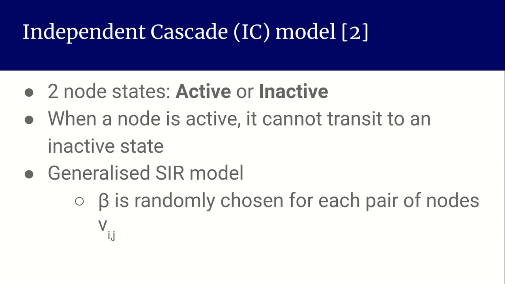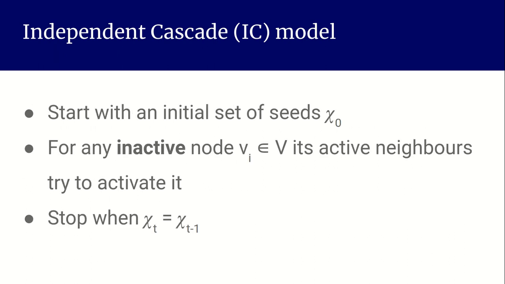Now, v sub i, j represents an edge in the graph going from node i to node j. And as I said, this is a generalized SIR model, and beta is randomly chosen. As usual, when a node is active, it cannot transit to an inactive state. So this is a constraint for this model.